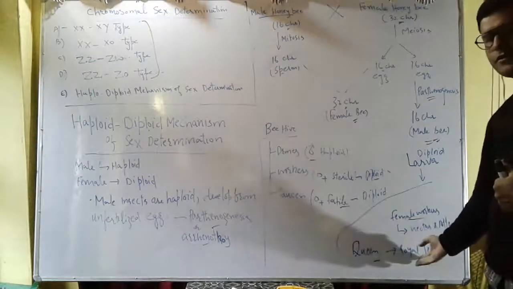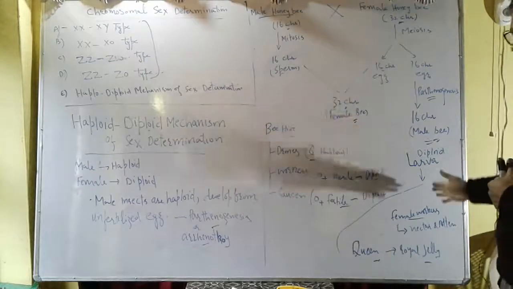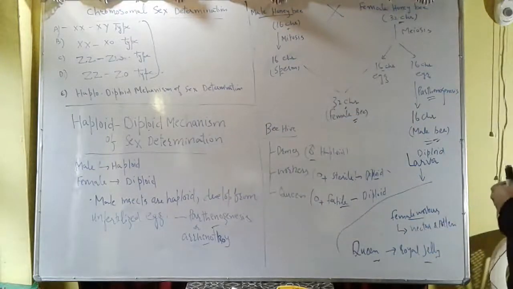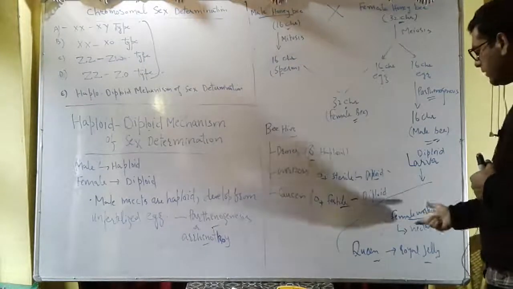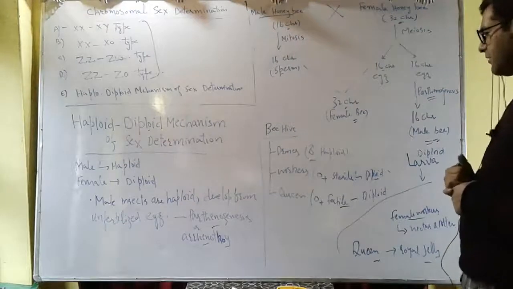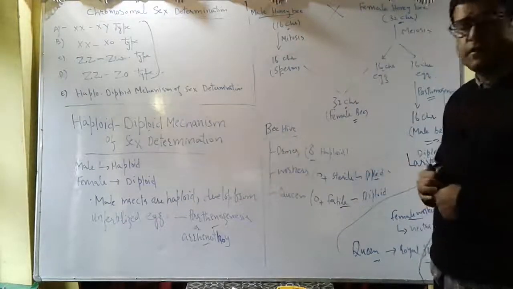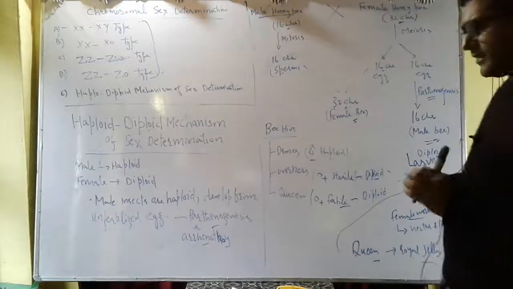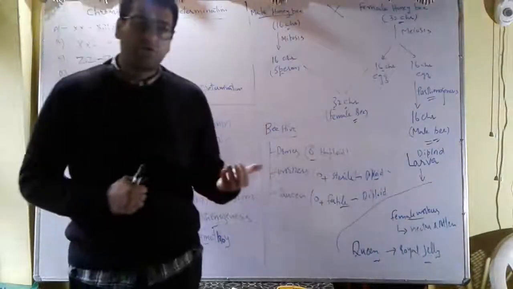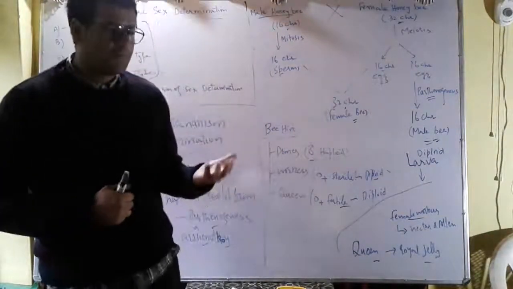And if the diploid larva is fed on nectar and pollens, then it will form the female sterile workers. Therefore we can say that the environment or the food determines the fertility or sterility of the females.